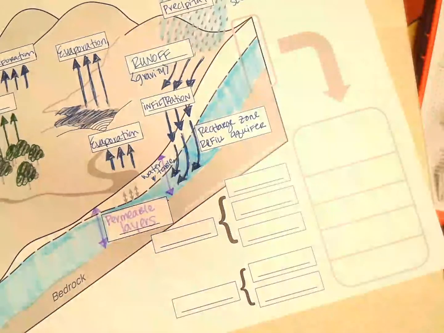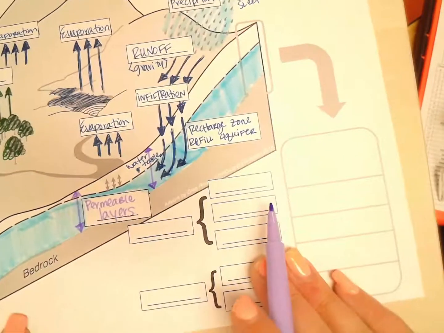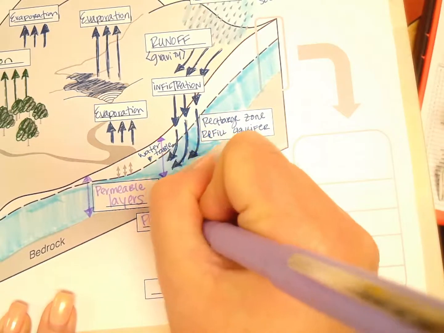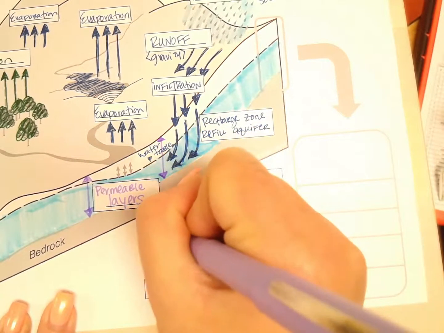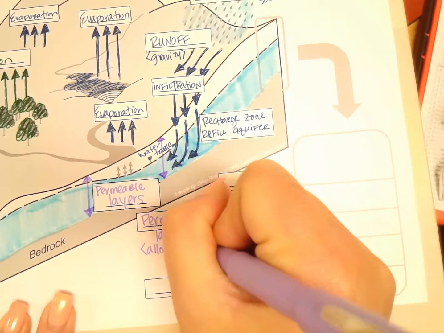These layers allow water to flow through, and we're going to zoom in on those over here. Okay, so we're going to write permeable right here as well.